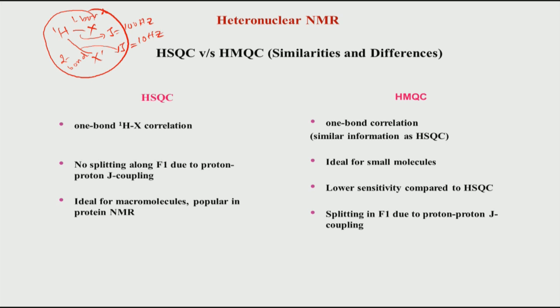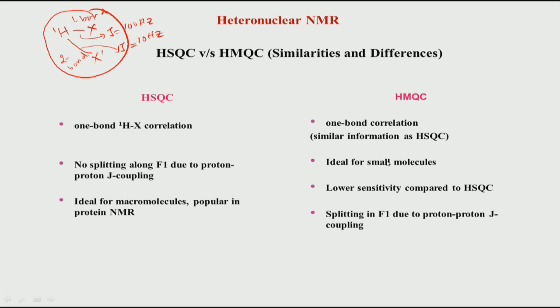When we say biomolecules, we are talking about peptides, bigger peptides, and proteins, and their rotational correlation time is very high. Therefore, the T2 relaxation is very short. Whenever T2 is very short in NMR, the signal to noise will be very poor for that molecule. So, whichever experiment has a better sensitivity is always preferred.